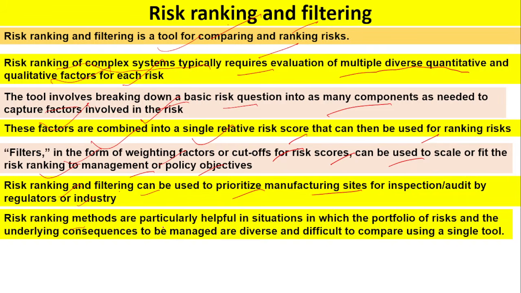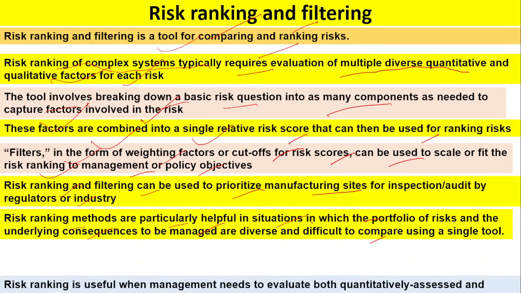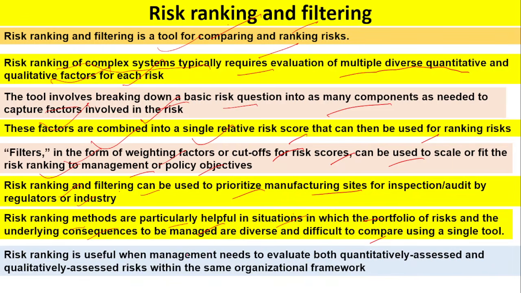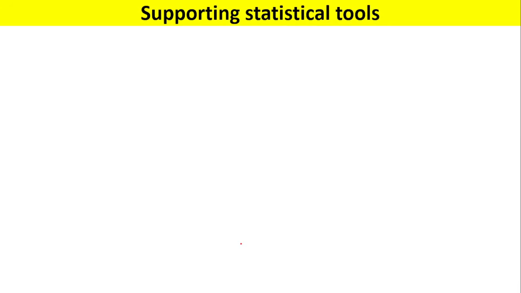Risk ranking methods are particularly helpful in situations in which the portfolio of risks and the underlying consequences to be managed are diverse and difficult to compare using a single tool. Risk ranking is useful when risk management needs to evaluate both quantitatively assessed and qualitatively assessed risk within the same organizational framework. Supporting statistical tools.